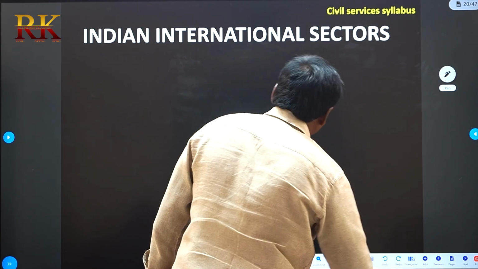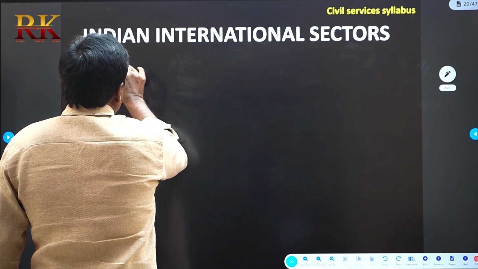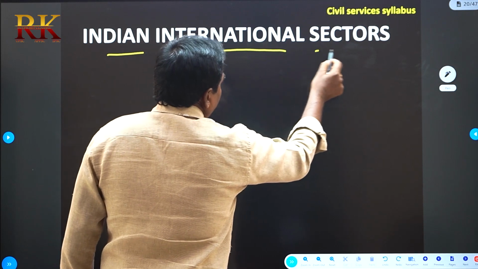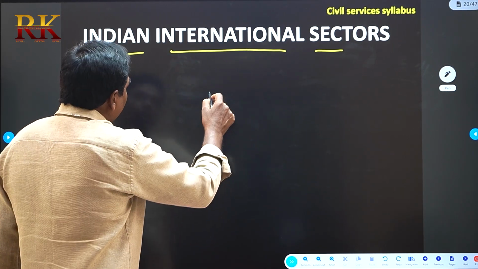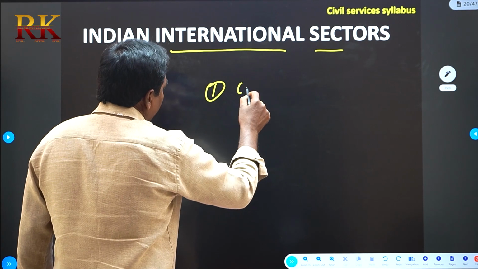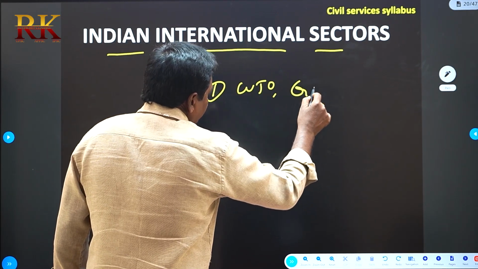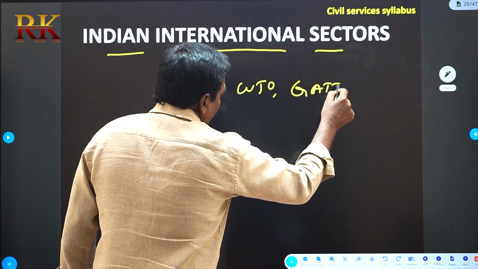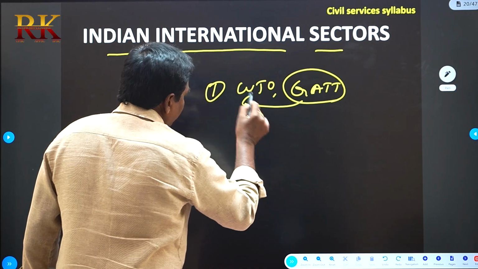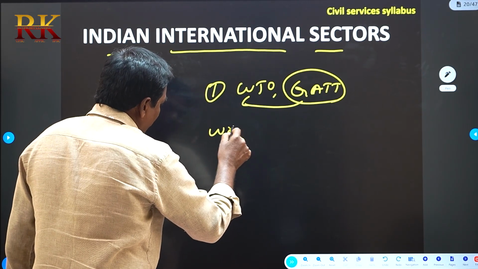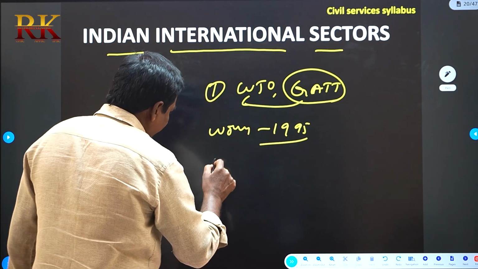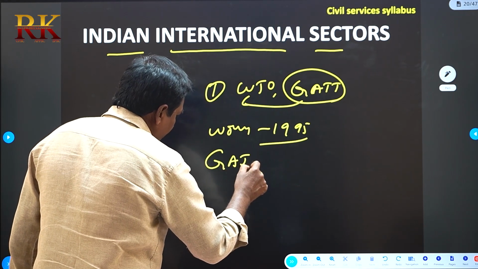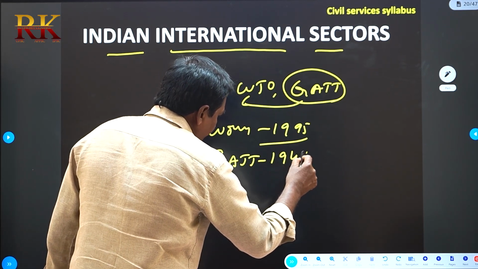Then another thing, Indian international organizations. Number one, the WTO. First it was GATT, which was renamed the World Trade Organization in 1995. GATT was in 1948.